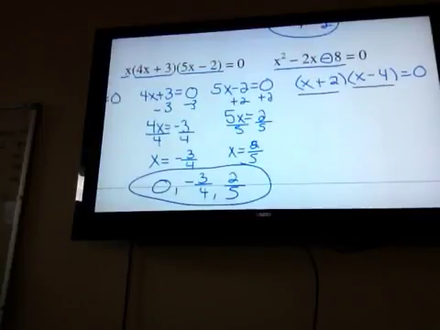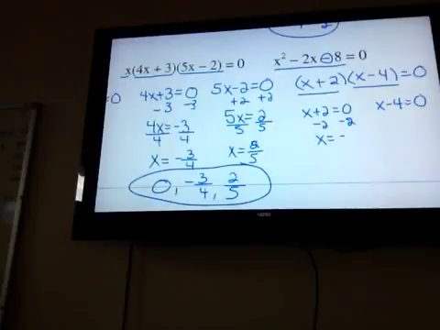This times this is 0. So either x plus 2 is 0 or x minus 4 is 0. And I solve them. To get that x alone, I'm going to subtract 2.